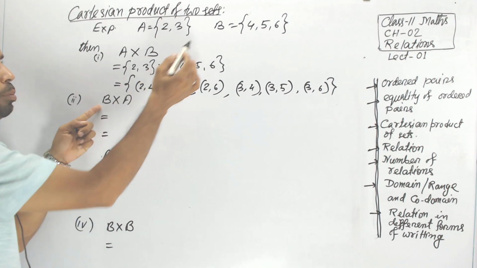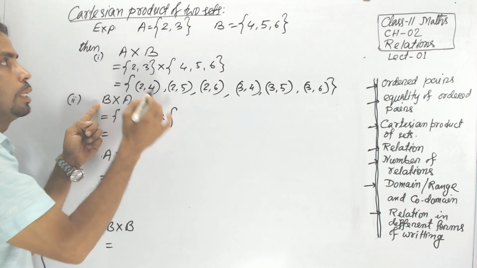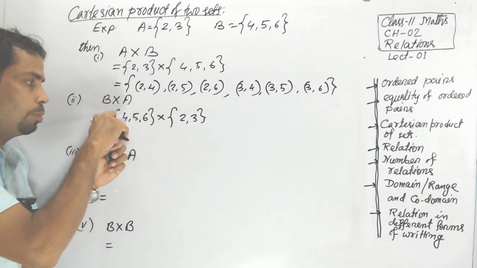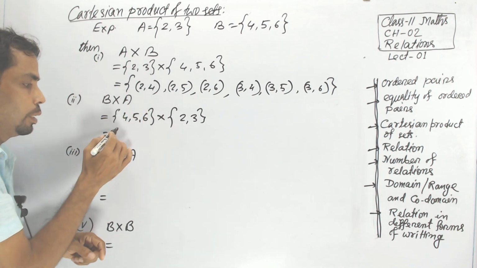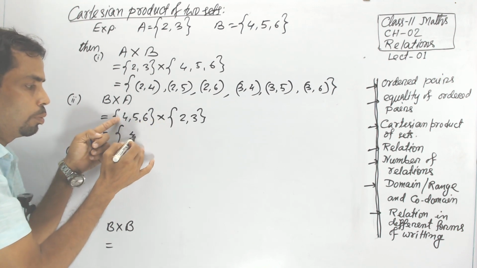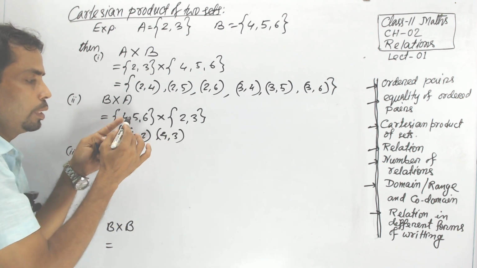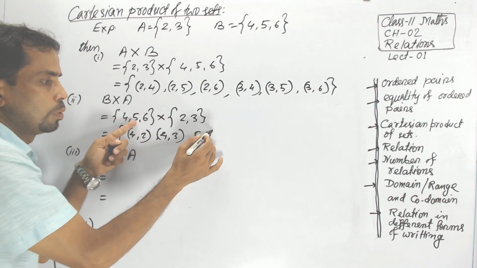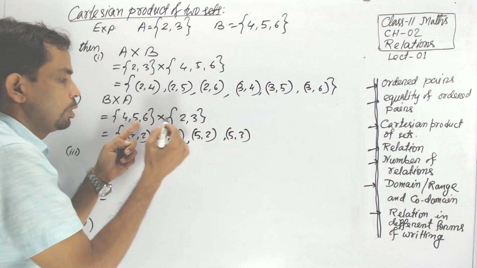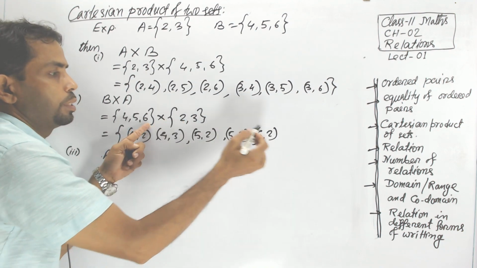In the same way we can find B × A. Here B at first, B is {4, 5, 6}. Then set A is {2, 3}. We must write in the specific order, first is B, then is A. Then in the same way all the ordered pairs: 4 with 2 making one pair, 4 with the next element 3 making another pair, then 5 2, 5 3, and with 5 finished, then with 6: 6 2 another pair, 6 3 another pair.